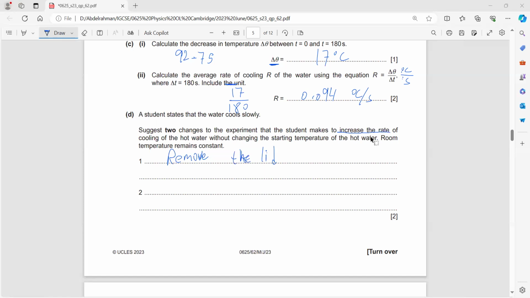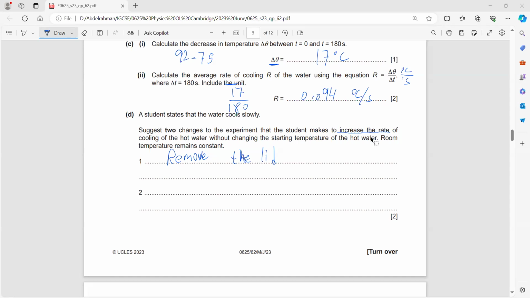How can I make it cool much more quickly? To make it cool more quickly, I can use, for example, a metal beaker. I can blow some wind, right?